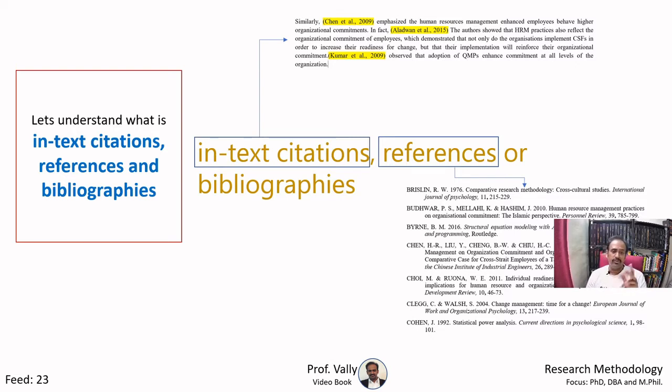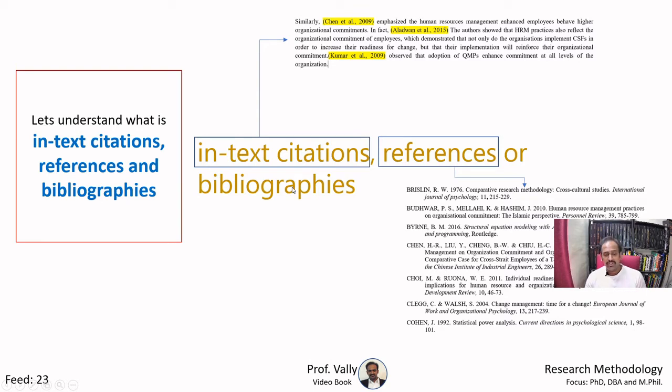Let me repeat in a different way. Now the in-text citation and references will match. If there is something called Chen et al. in your in-text, there should be a reference in your reference section. The Chen name should be there. If it is not there, it means it's a flawed research, a flawed report. So both in-text and reference should match. But it need not be the same for your bibliography.